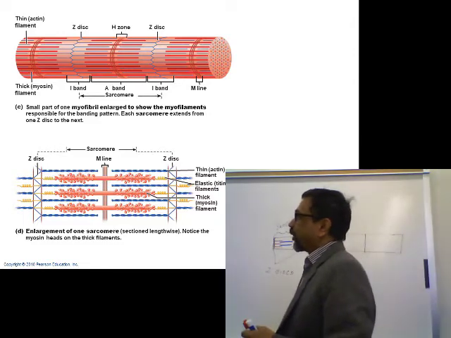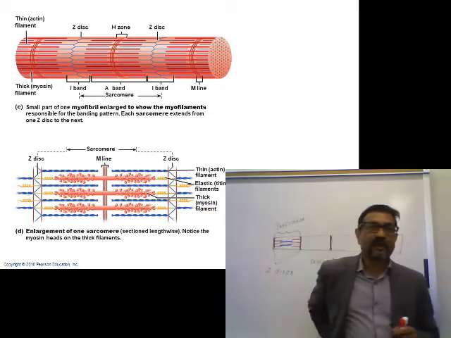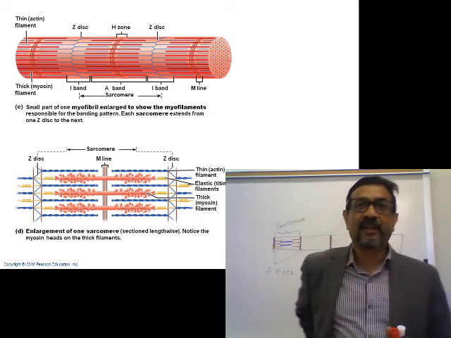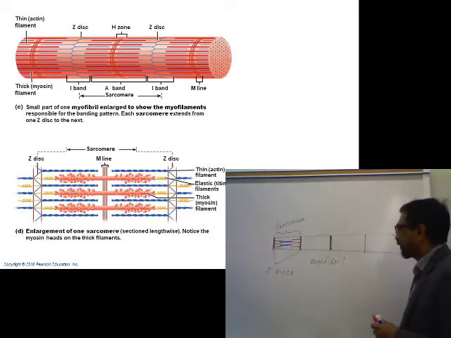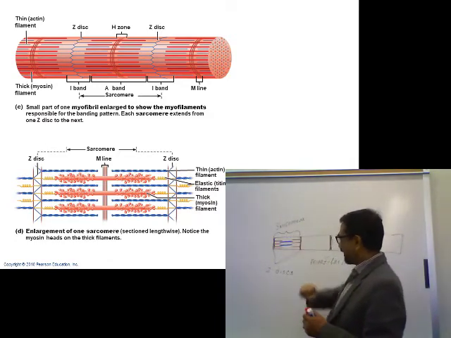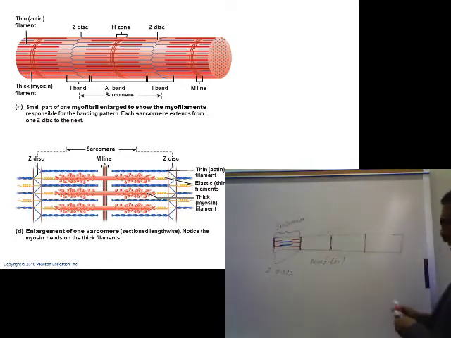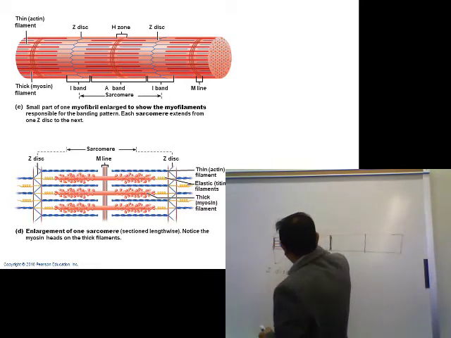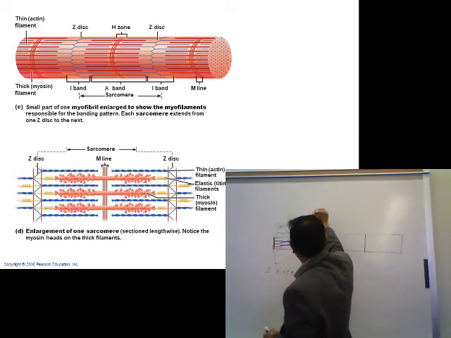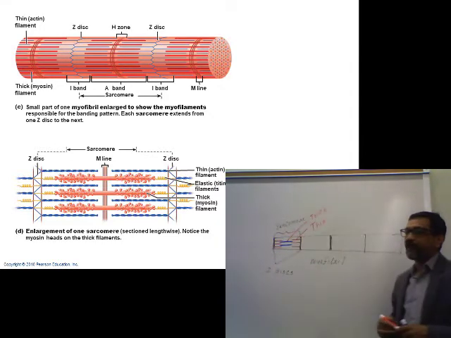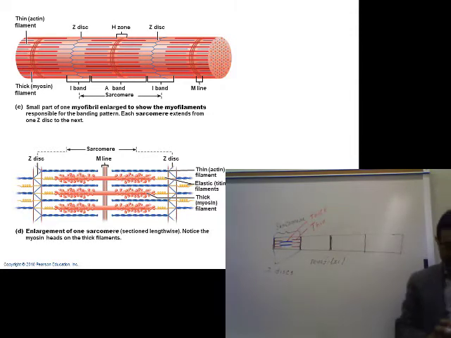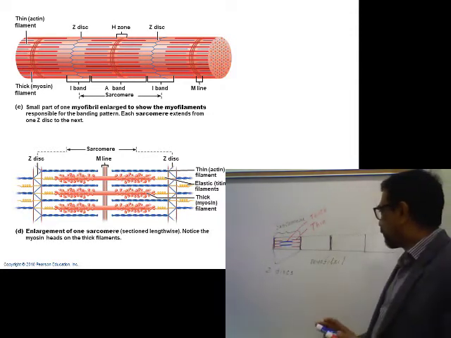The blue colored in this picture are called thin filaments, and red colored are thick filaments. I did opposite here. Anyway, this is thin filament and this is thick filament. Two types of filaments are present inside the sarcomere.